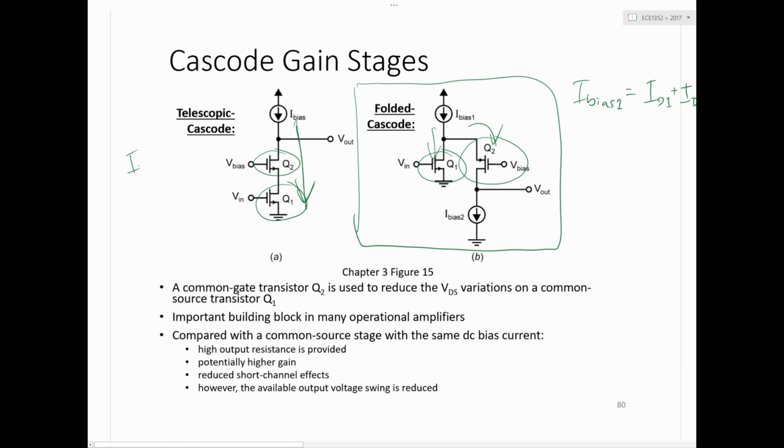For the telescopic cascode, the total bias current being drawn from the supply is only one of those, because they're the same. So even purely simplistically, you can imagine that the bias current and therefore the power consumption of a telescopic cascode could be half that of a folded cascode. That's a big deal right there.